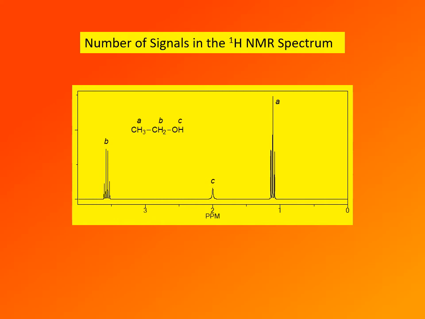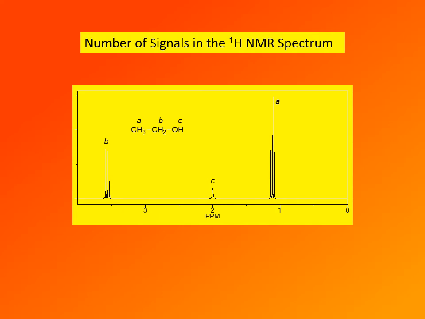And note that in the NMR spectrum, we also have three signals. They are A, B, and C. They are indicated as each signal belonging to a particular proton. So the signal belonging to methyl group is shown in the spectrum as A, and it's slightly above 1. Then the one belonging to methylene group B is around 3.5, and the one belonging to hydrogen attached to oxygen is around 2.